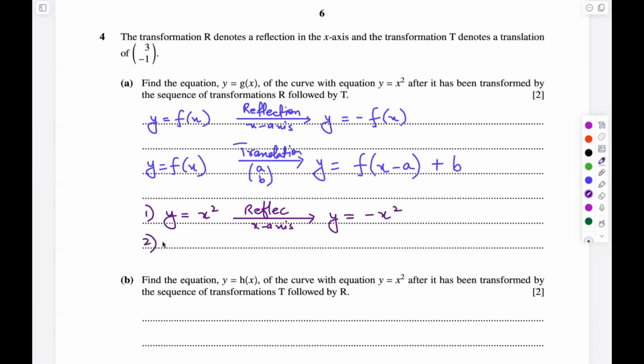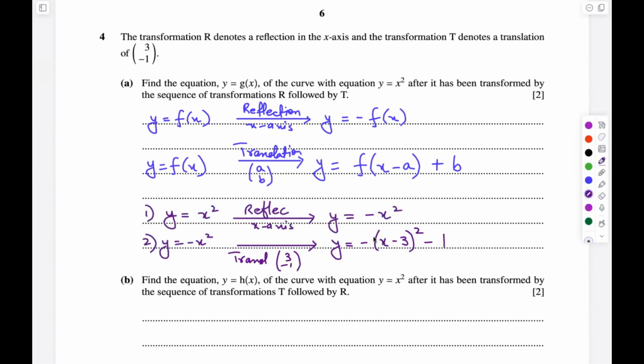In the second step, the equation y equals minus x squared will be translated, and the translation vector is given as (3, -1). So this equation will be written with x minus 3, which represents a translation of 3 units in the x direction, and minus 1 represents a translation of minus 1 in the y direction.